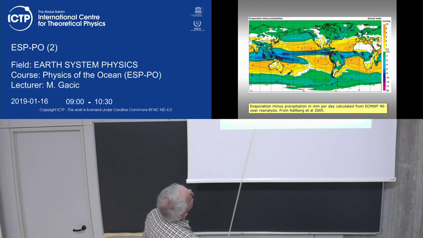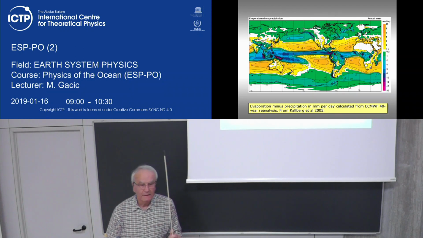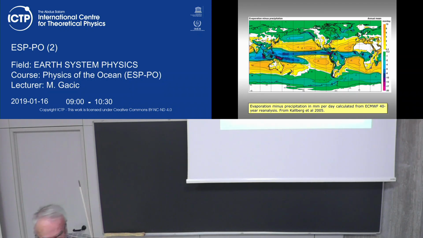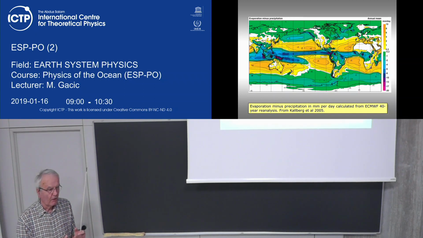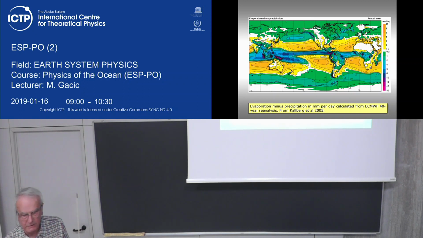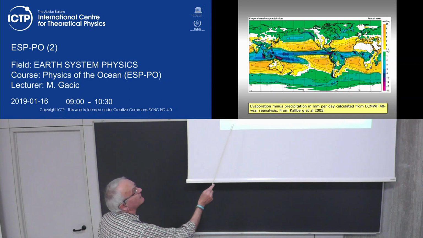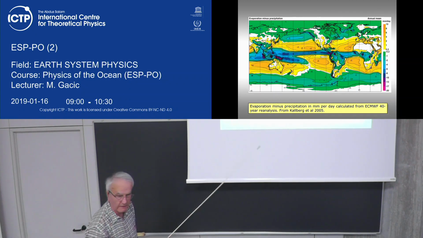But salinity also depends on the horizontal advection, the horizontal transport of water.